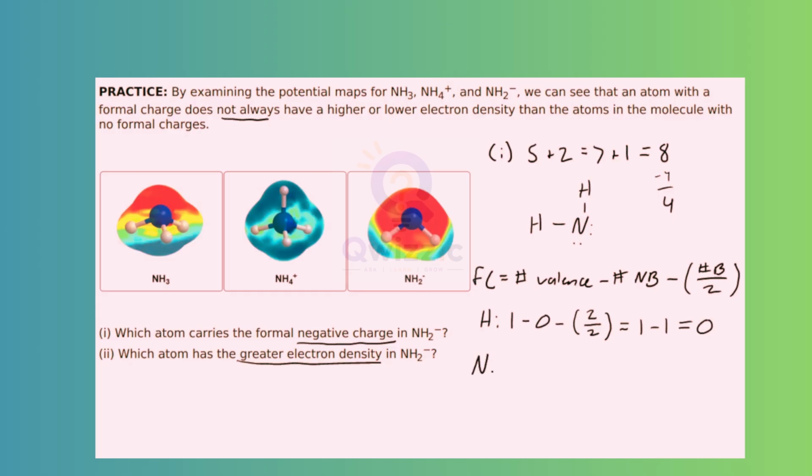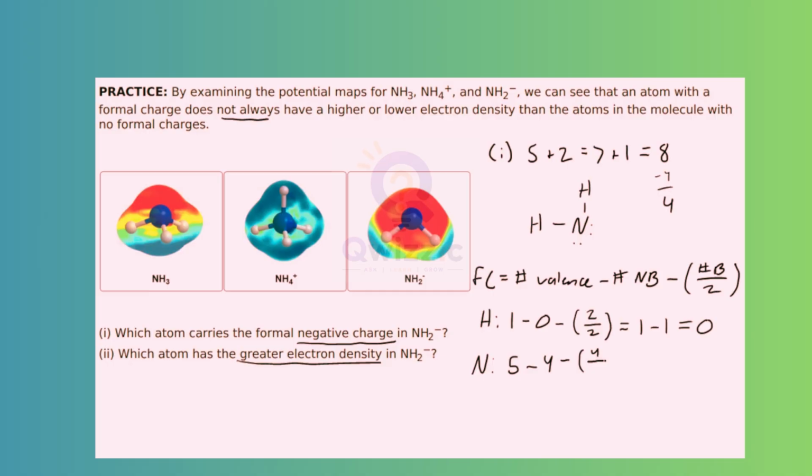Now up next is nitrogen, right, which has 5 valence electrons minus 4 non-bonding electrons because we have 2 lone pairs on nitrogen with 2 electrons each, right? So that's a total of 4, minus 4 bonding electrons because we have 2 sigma bonds, each with 2 electrons as well.